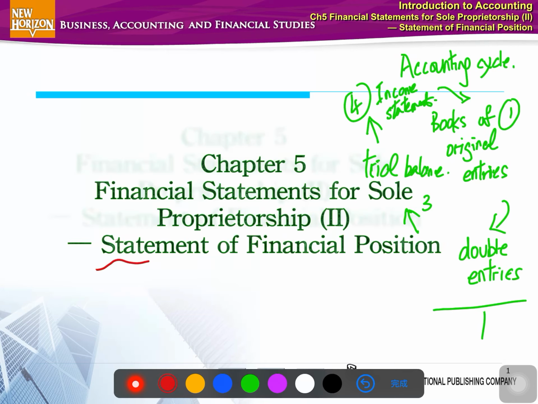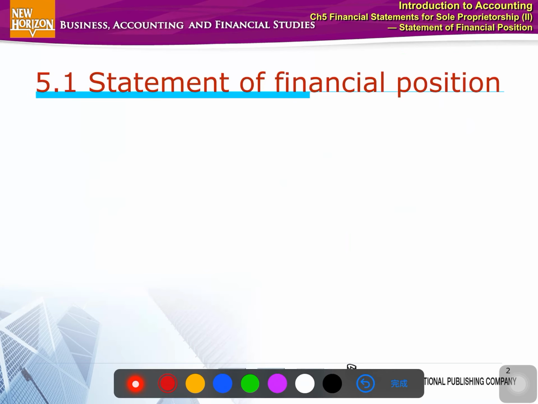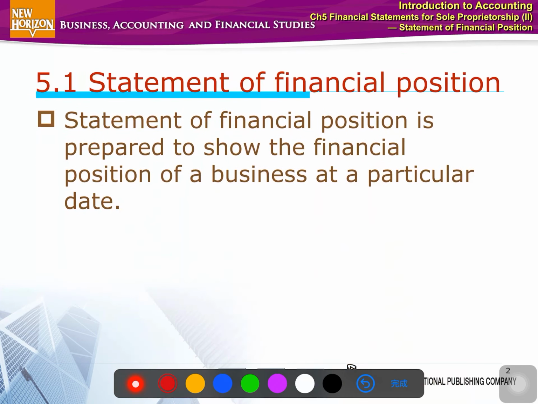And today we are going to learn statement of financial position. It's a kind of financial statement for sole proprietorship. Income statement is the first type, and the second type is statement of financial position. Statement of financial position is prepared to show the financial position of a business at a particular date.